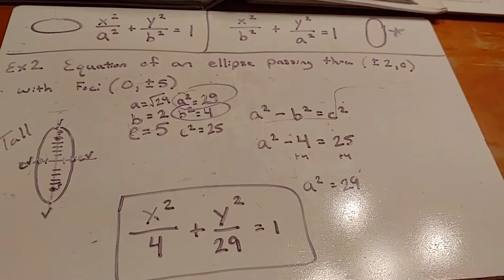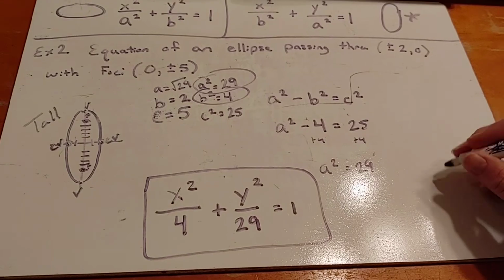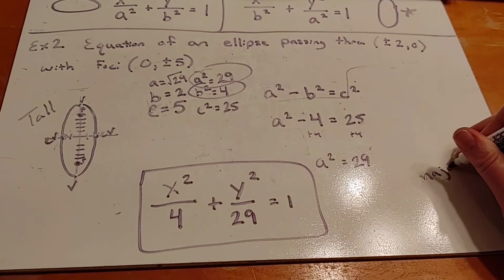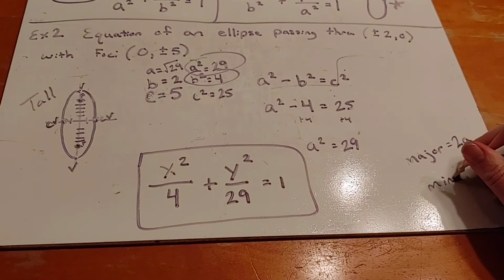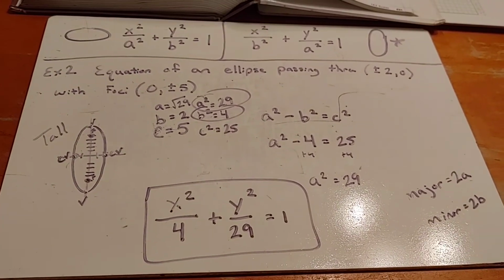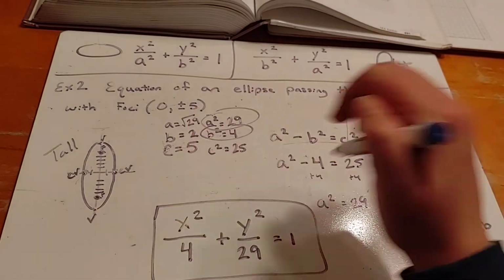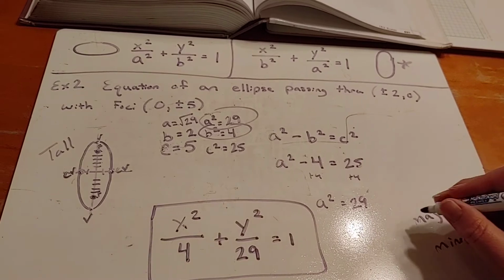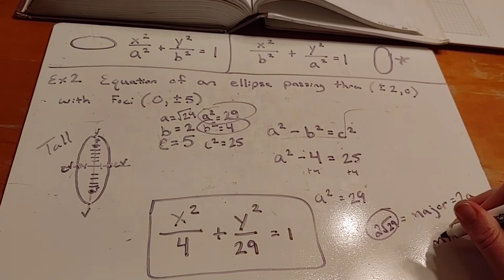Before we go into comprehension check questions, I just want to point out one more thing about example 2. We said that the major axis was equal to 2a and the minor axis was equal to 2b. So how long is that in this case? My major axis would be 2 times radical 29, so a length of 2 radical 29.